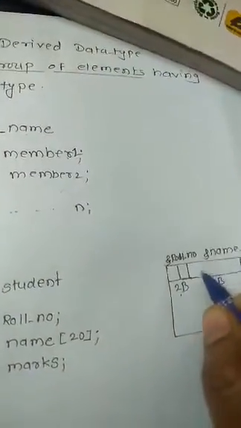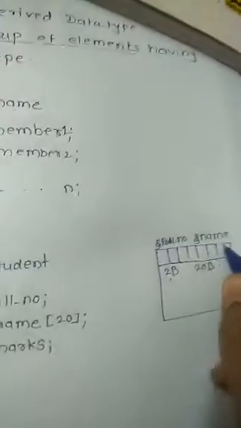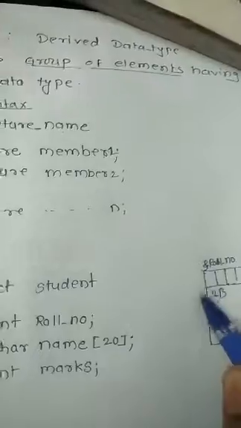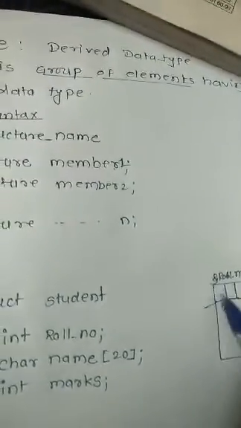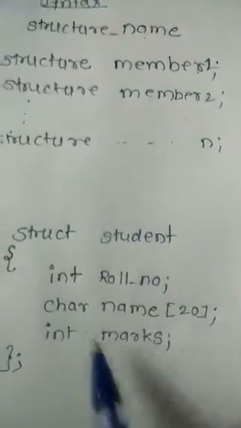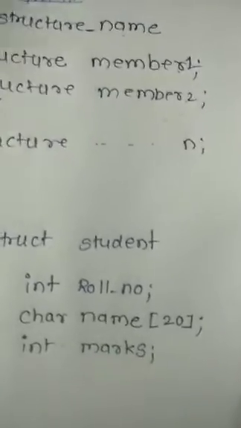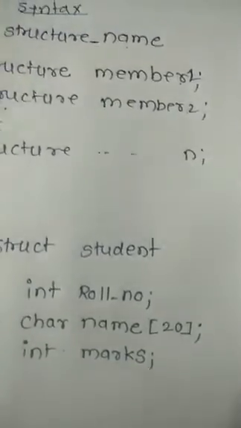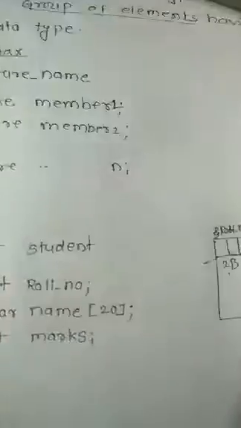Address location 1 and 2 are assigned for the roll number, then subsequent address locations are assigned to the name, then the next address locations to marks. For marks we assign 2 bytes of memory.